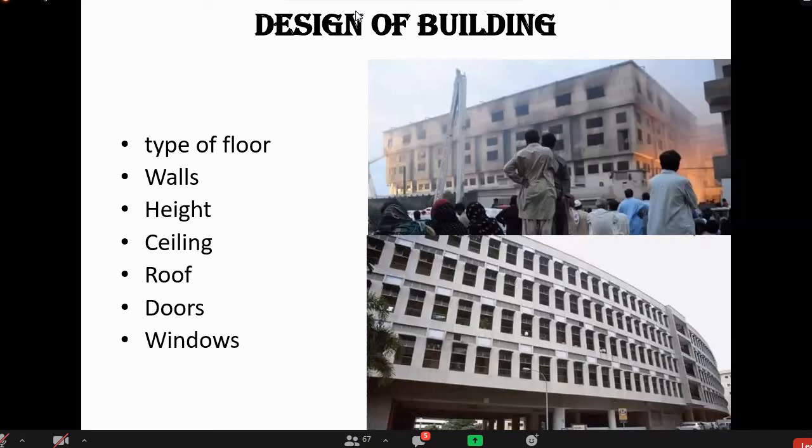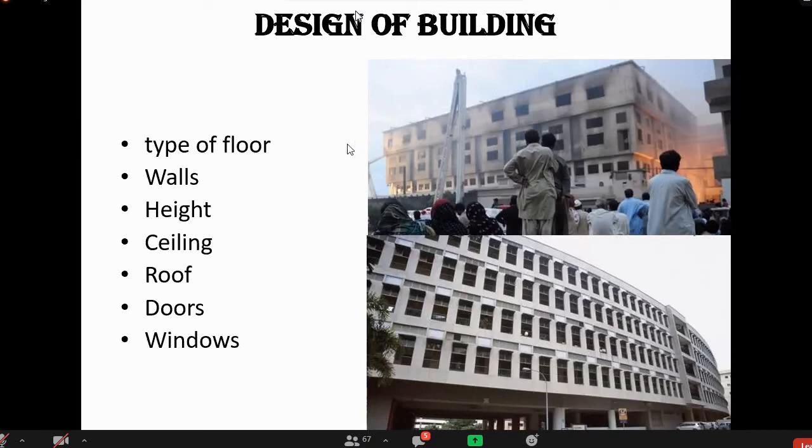PMDC, or PMC now, has a set rule that this many students can be admitted to the college only when they have this room and proper ventilation, proper windows, and exit doors. So in case of an emergency, they do not have to crowd through one door only.